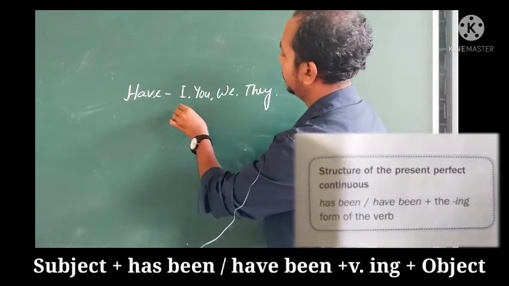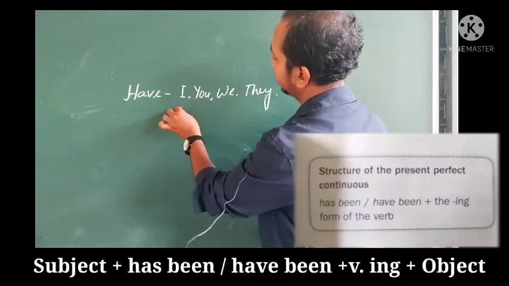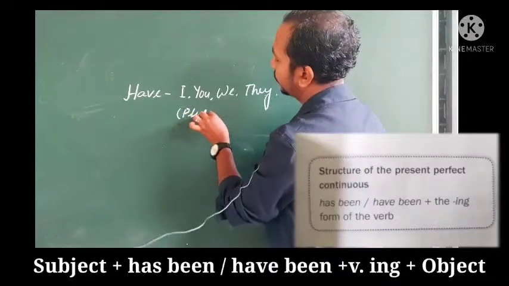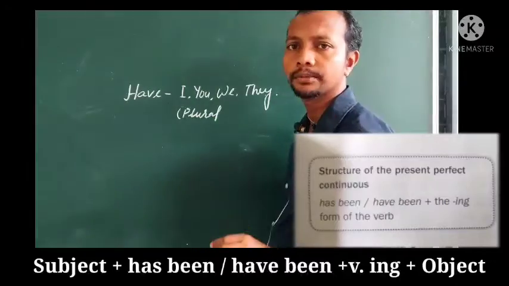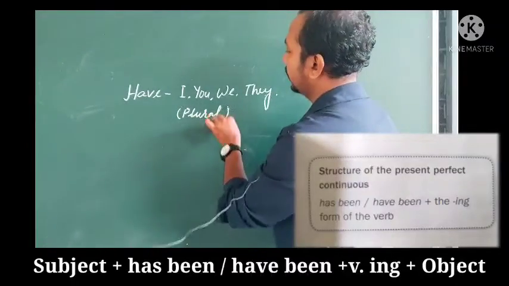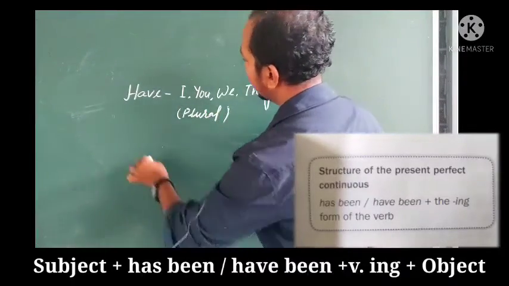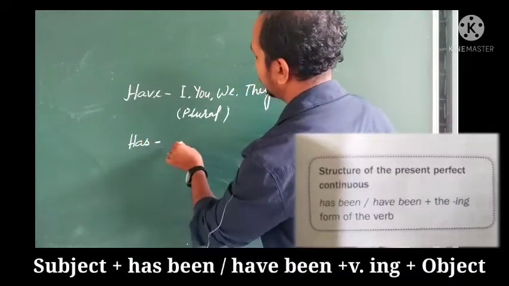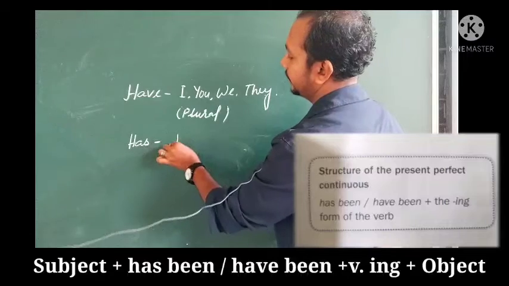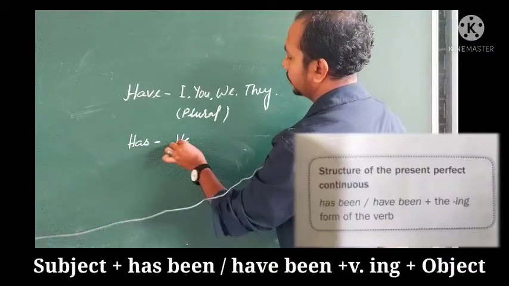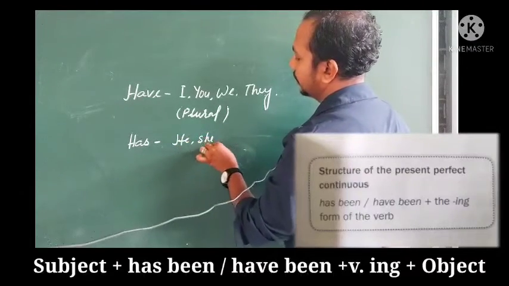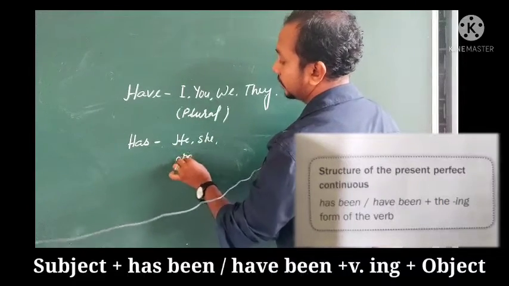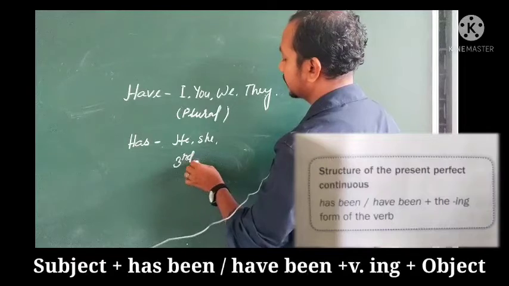Okay, and any subject that is in the plural form, have will be used. And as for has, it will be used for he or she or third person, that is singular.